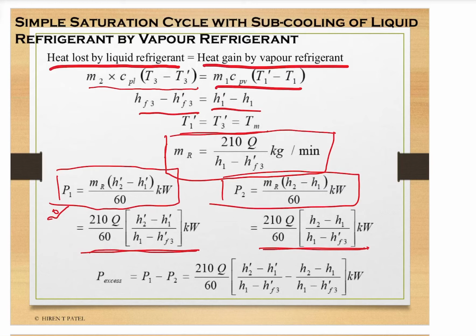So the excess power that we need is P1 minus P2 kilowatt. So here we see that with the subcooling of the liquid refrigerant by vapor refrigerant, the coefficient of performance of the cycle is reduced even with theoretical loss resulting from the above type of subcooling.